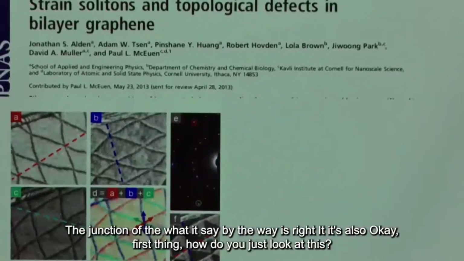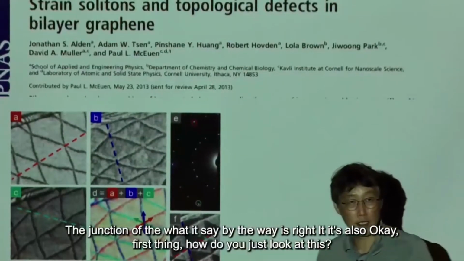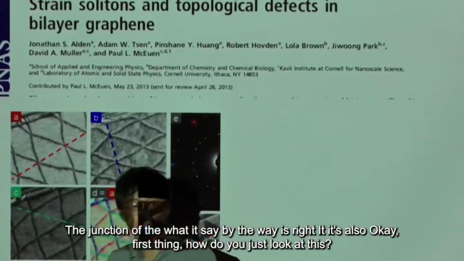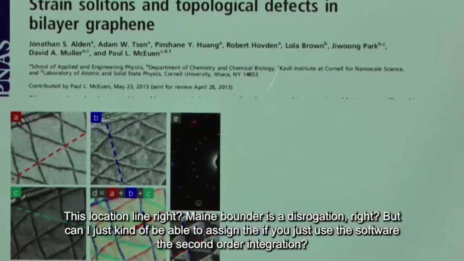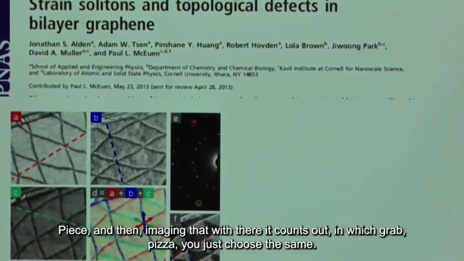First thing, can you look at this dislocation line in experiments? The domain boundary is a dislocation line, but can I really assign a Burgers vector associated with it? Indeed, we can do that. In the experiments, Paul McEuen's group showed nicely how it works. If you use the so-called second order diffraction peaks and image with them, it turns out which Bragg peaks you choose matters. First order diffraction will give you a domain contrast.